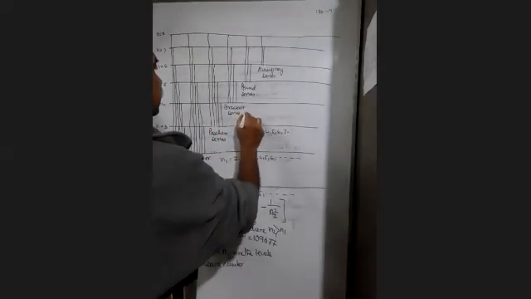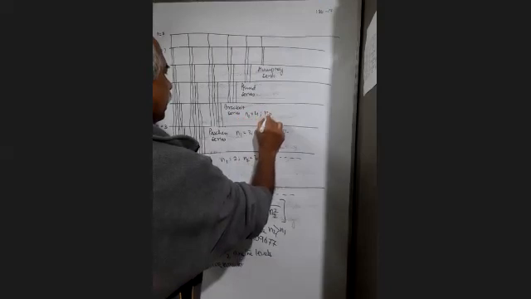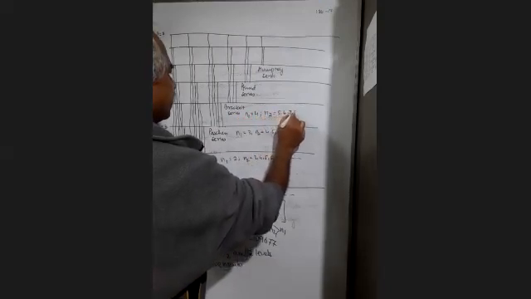I have not drawn other lines also. There will be numerous lines. For Brackett series, n1 is 4 and n2 is equal to 5, 6, 7, 8.